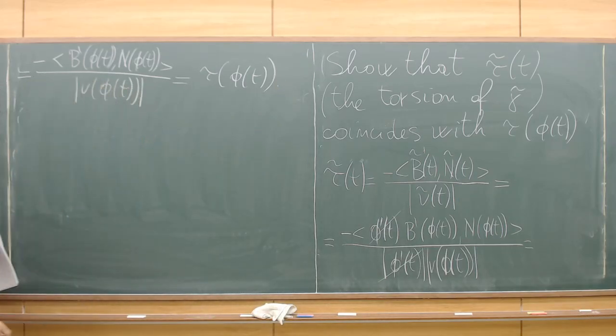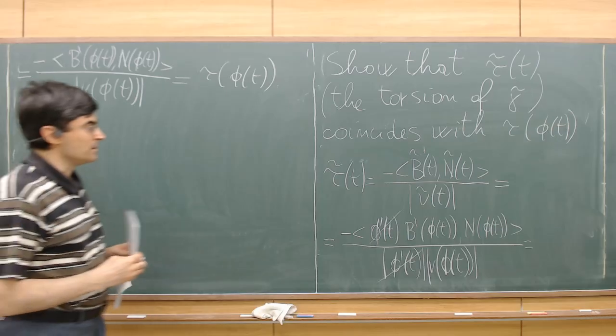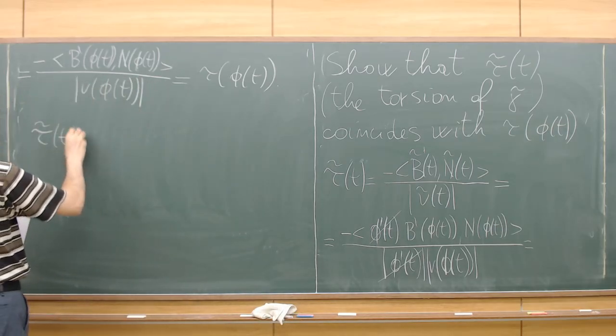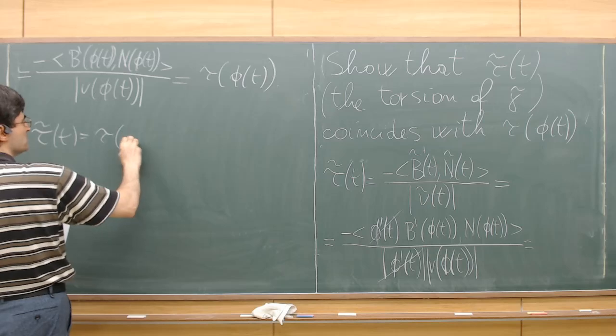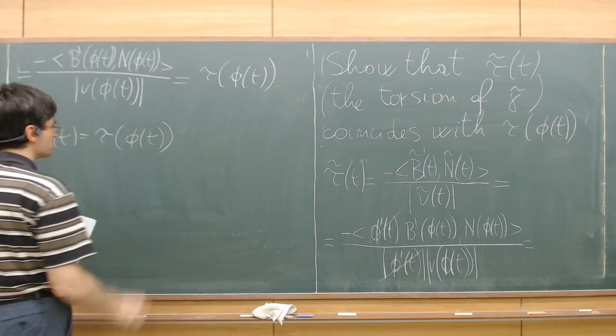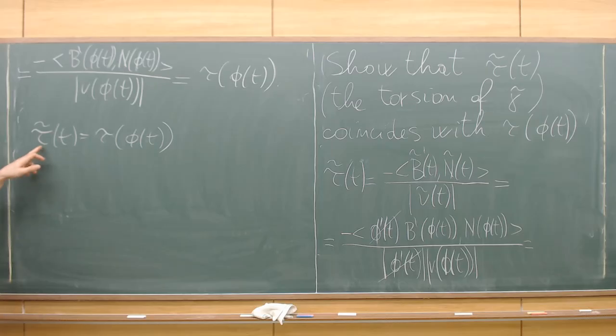Okay, now we have that tau tilde of t is tau composed with phi. So this says that the torsion does not depend on the parametrization because the torsion is unchanged.